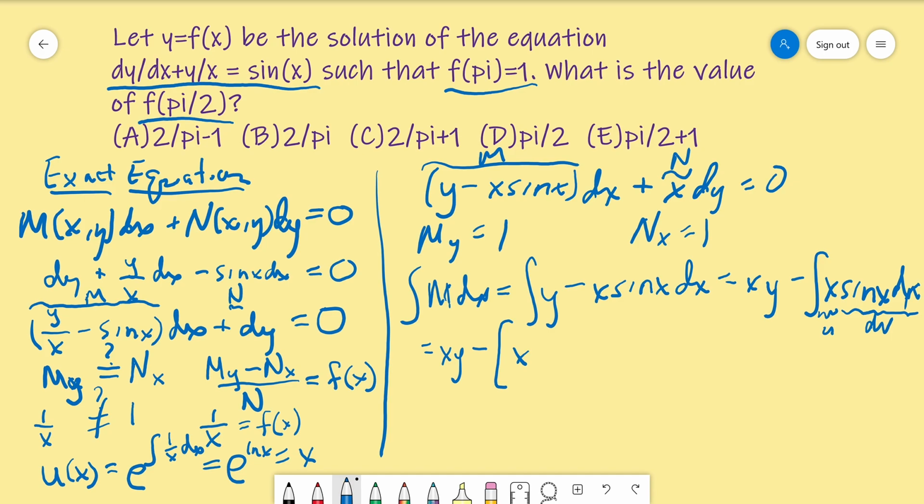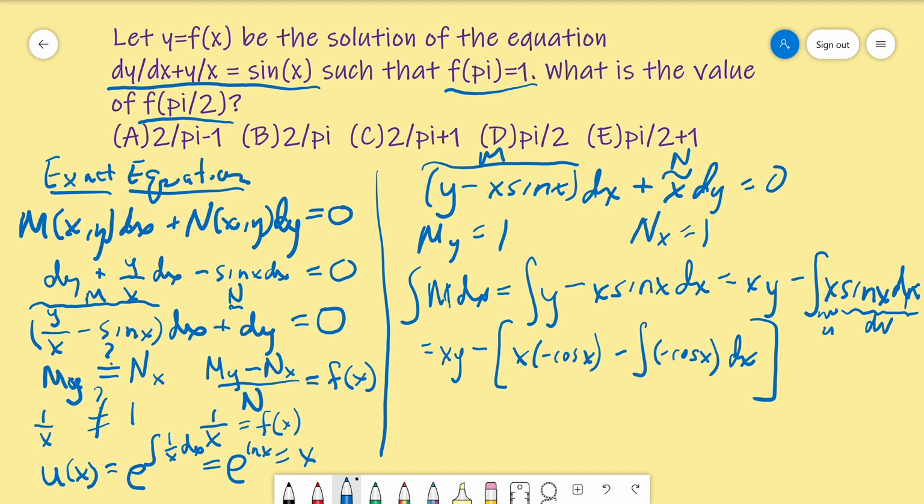So the integral of sine x dx, that's going to be negative cosine x. uv minus the integral of v, we said was negative cosine x, du is just going to be dx. The derivative of x is just 1.